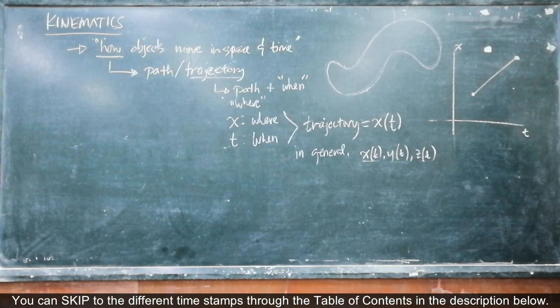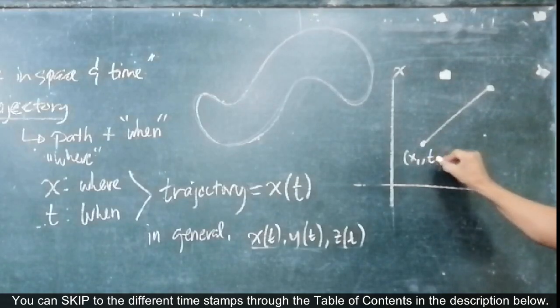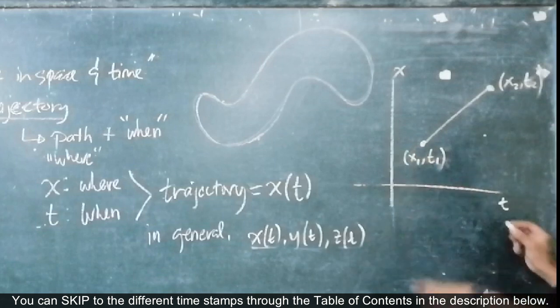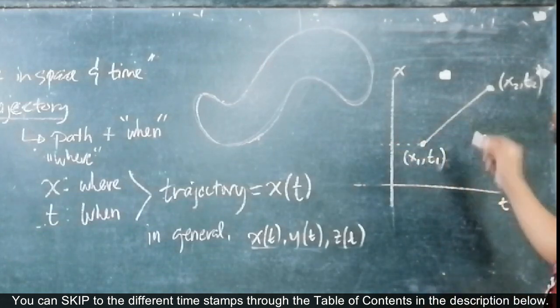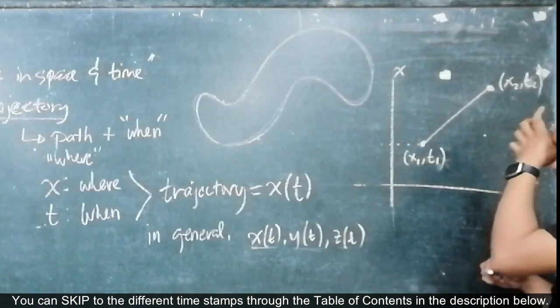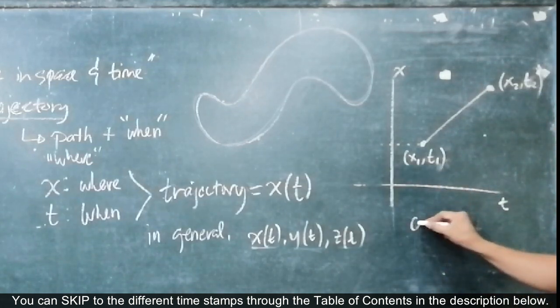So for example, suppose that this is x1, t1, and x2, t2. That would mean that the particle at t... first, we call this t here the coordinate time.